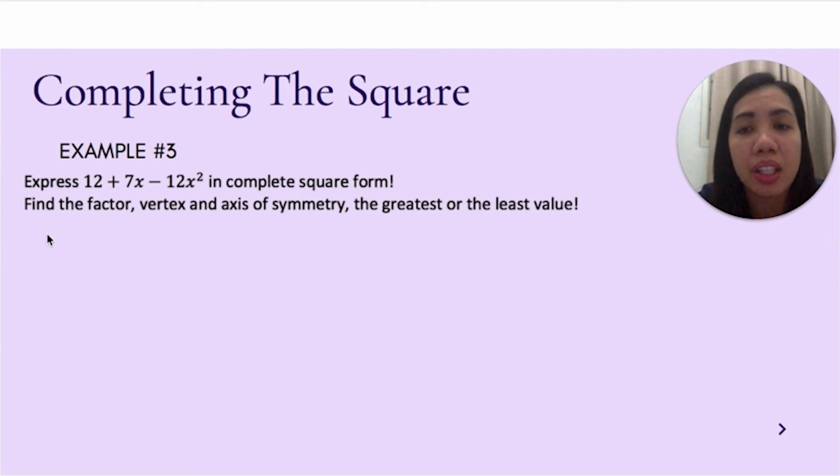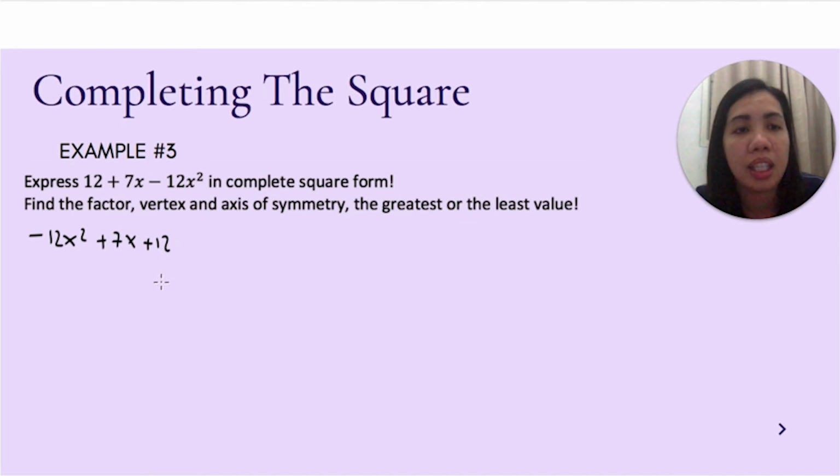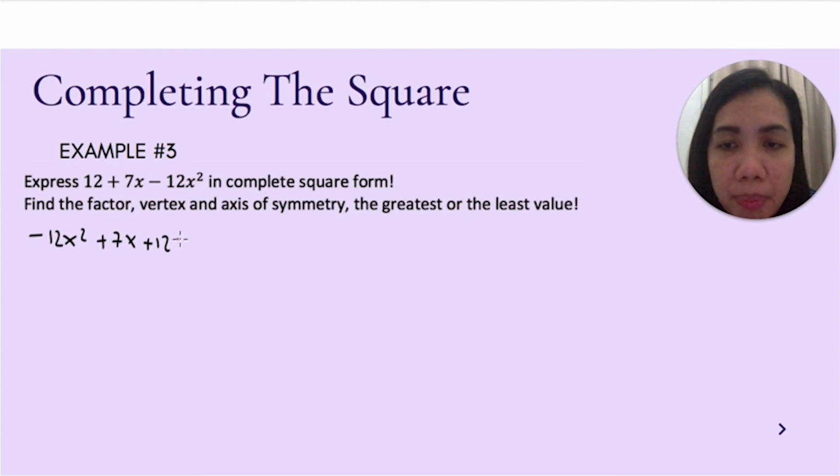Okay, in here we have to write this in order, starting from the highest degree to the constant. So we put this in order first: -12x squared + 7x + 12. Now we have an ordered quadratic expression. I'm going to make this equal to 0.